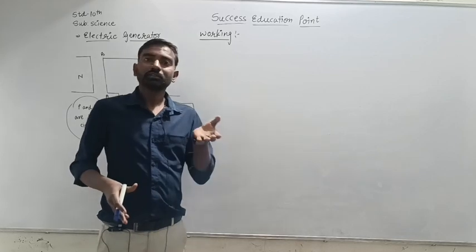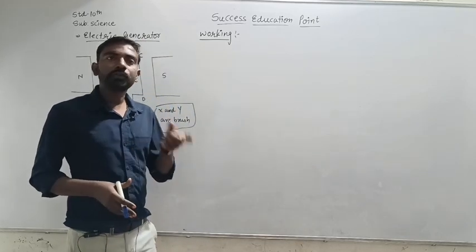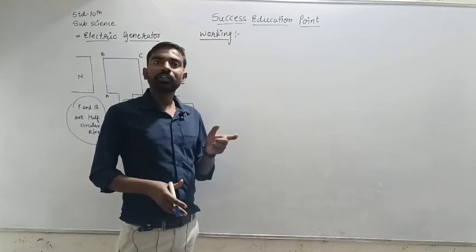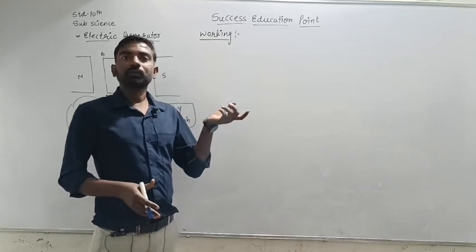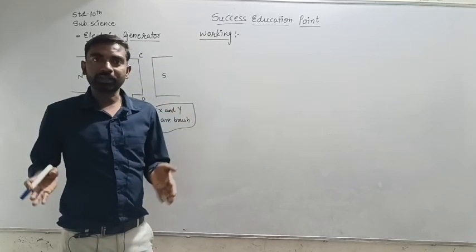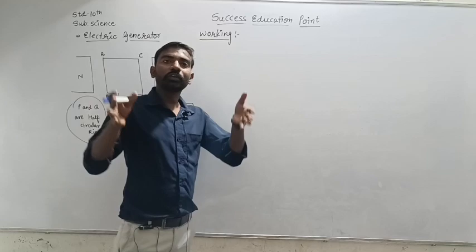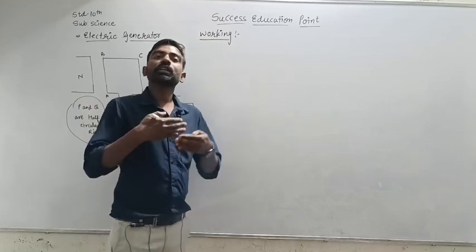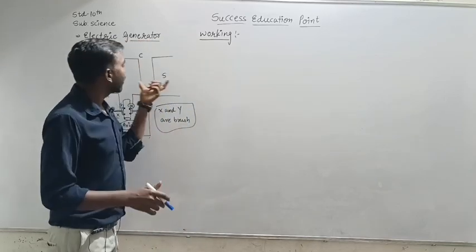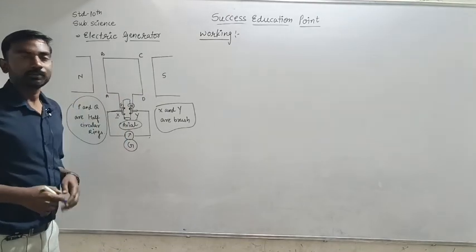But the second one is rarely used. In most cases we see the first one, in which we place two permanent magnetic poles, and between those we rotate the object. The same kind of working can be seen here.